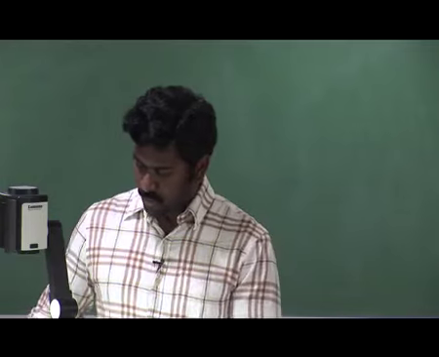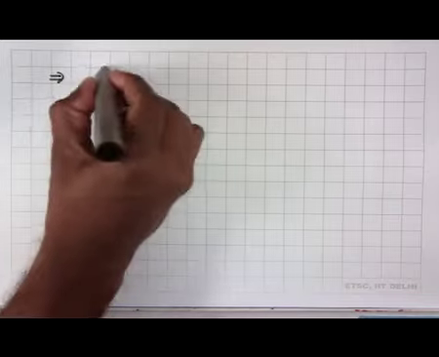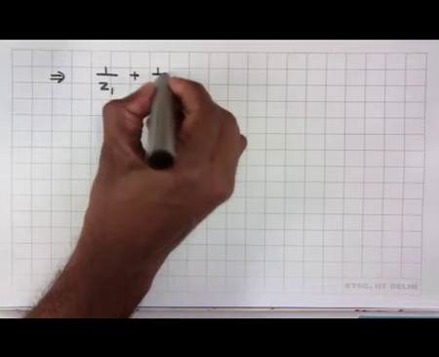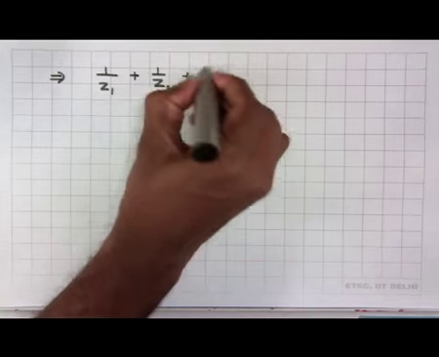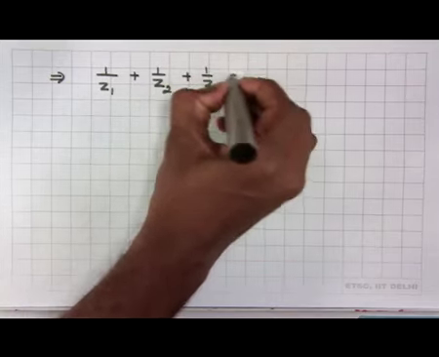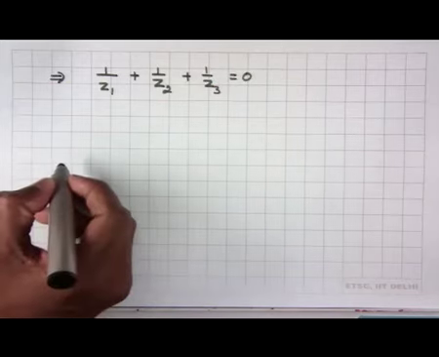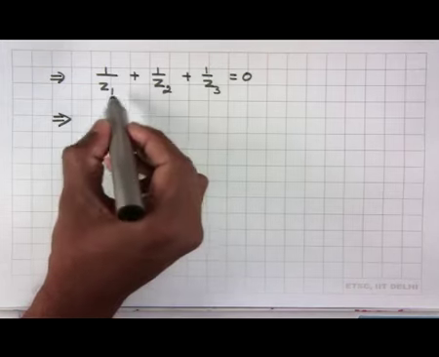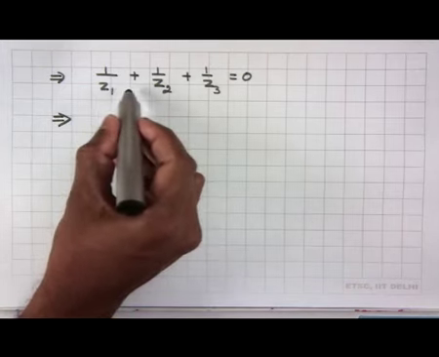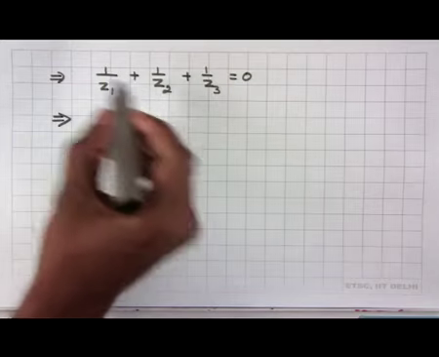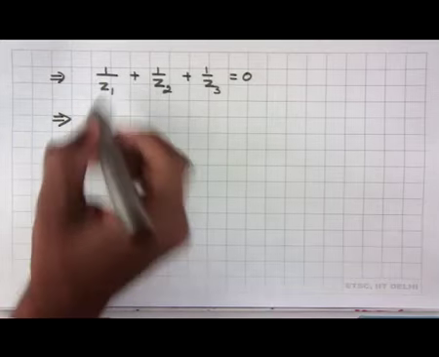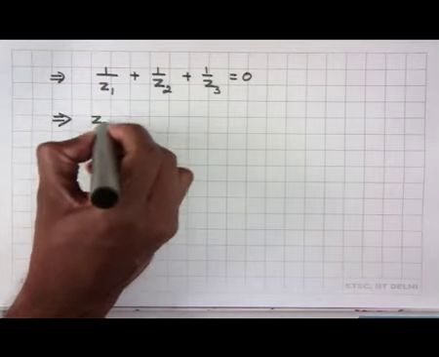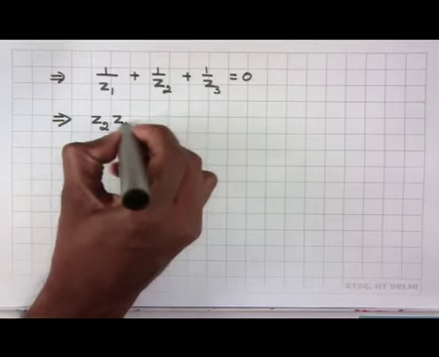So, we arrive at the following equation: 1 by Z1 plus 1 by Z2 plus 1 by Z3 is equal to 0, and we can multiply by the common multiple Z1, Z2, Z3.